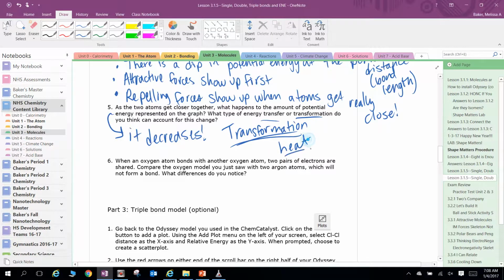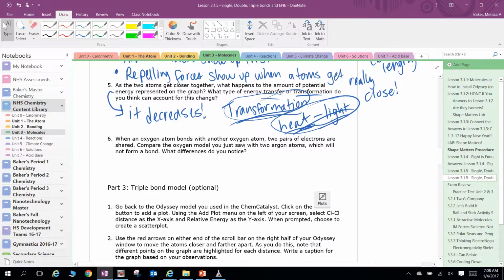A lot of times it's released as heat or light. We've seen that a little bit already when we were in our combustion unit. So that bond energy gets released and transformed from potential energy into thermal energy and light energy.